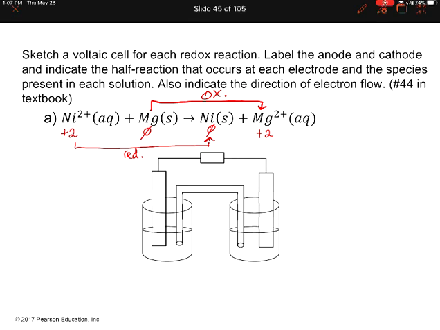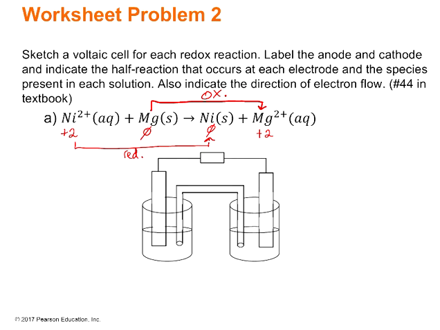Now let's identify which half reaction will be at the anode and which will be at the cathode. Is the reduction half reaction at the anode or the cathode? The cathode. And then what about the oxidation half reaction? The anode. That's the only one left, right?